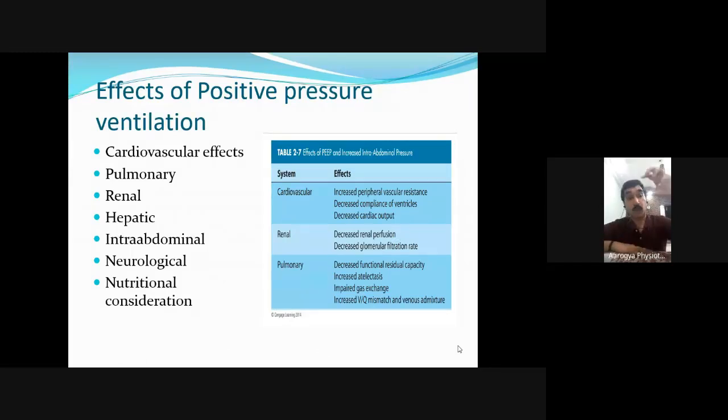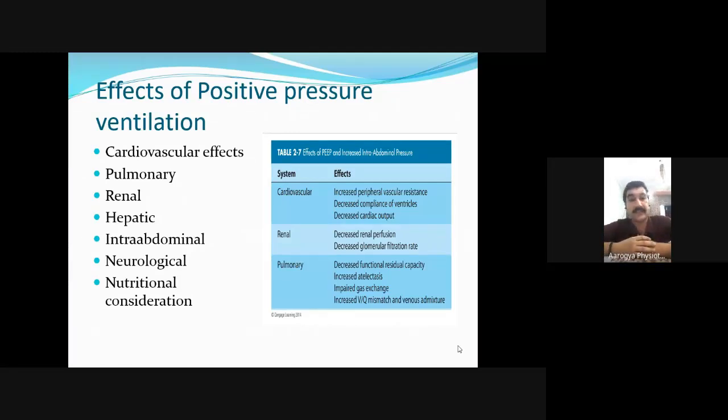When you are ventilating the patient, you are actually pulling off the load from the respiratory muscles. So they are likely going into a disuse atrophy. And this is where the role of the physiotherapist will come into play again, that you need to train the respiratory muscles as well.